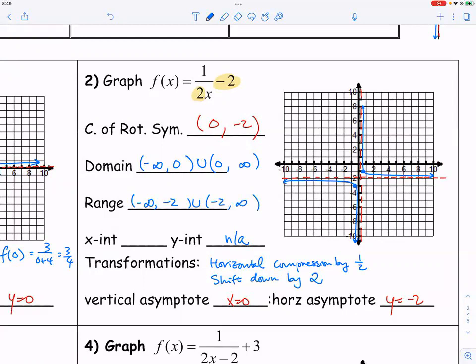I'm going to give you a moment to write down the blanks, and make sure you understand why. If you have questions, make sure you ask, like, why is it stopping at 0? Why do we say the domain is everything but 0? I hope you can understand that.